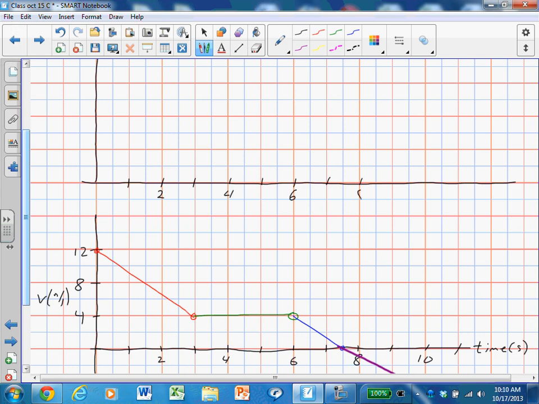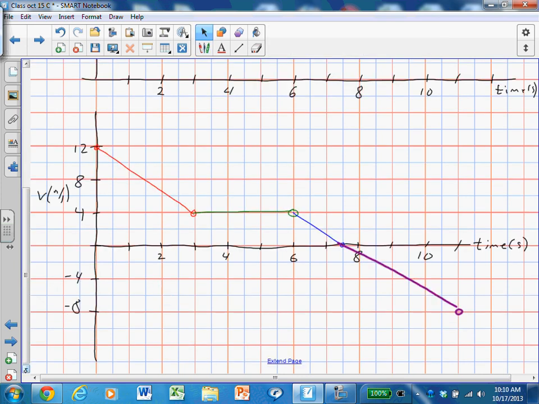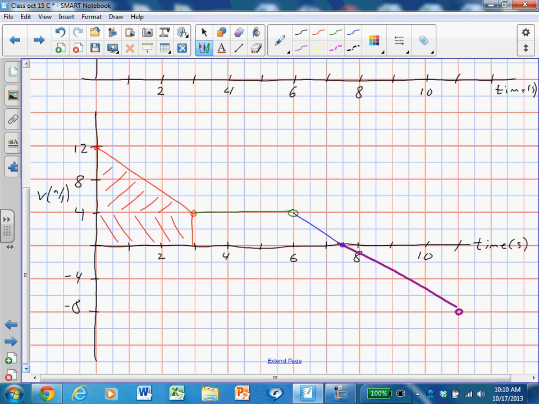So I need to find the area of these 4 zones. The first one's going to be this thing. What shape is that? A trapezoid. Now, I'm just going to do it as a triangle and rectangle, because that's easier.